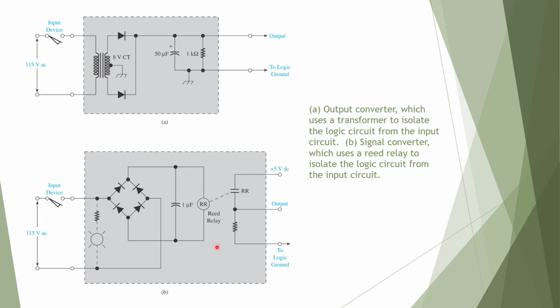So I've coupled through a relay. Electrically, I'm not connected. This 115 volts is not electrically coupled to the 5 volts of the logic system. I'm coupled only through the separate coil and contact circuitry of a relay that's built into this converter.